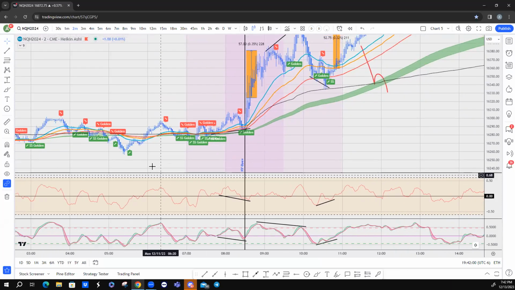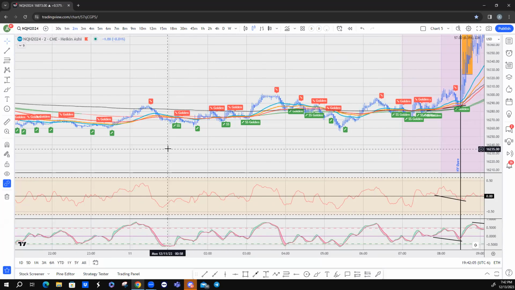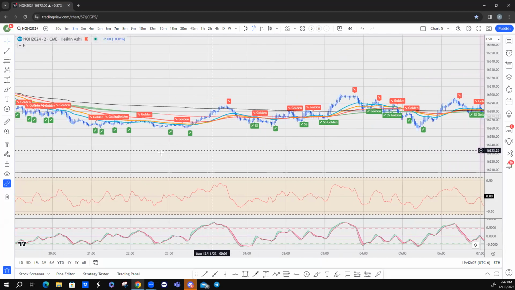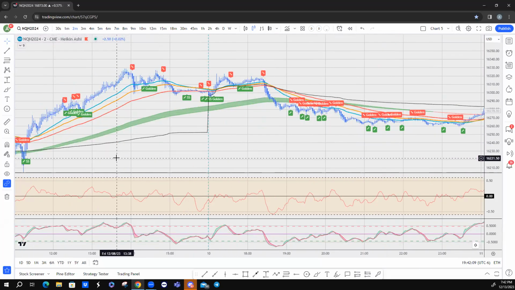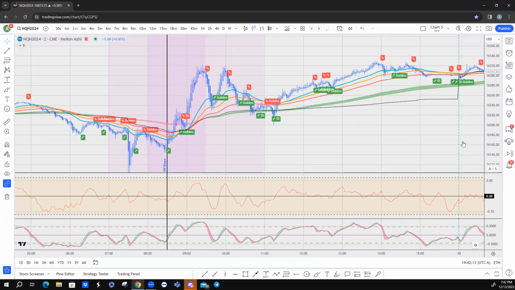Okay. So once again, the Asian session can get kind of flat, but you can try other tickers and see how those operate.